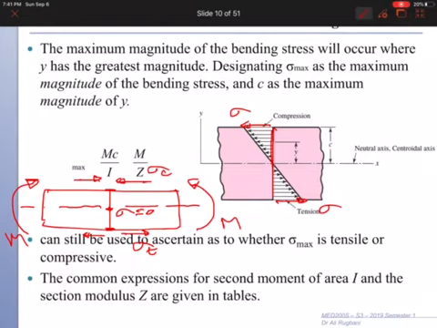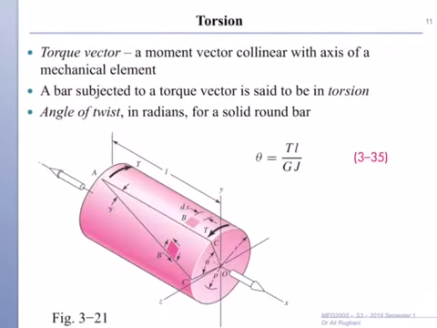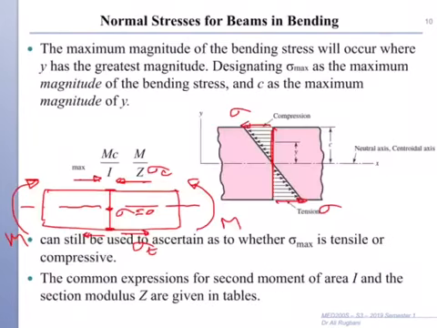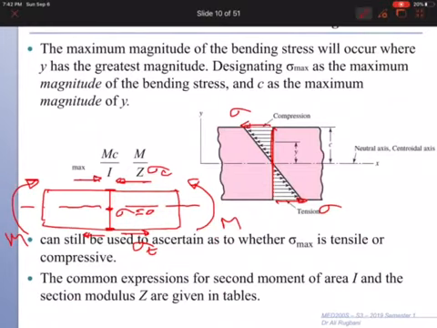Okay, so the formula to calculate this normal stress due to bending is given by, let me go back, this formula, sigma equals Mc over I. This c is the distance from the neutral axis.